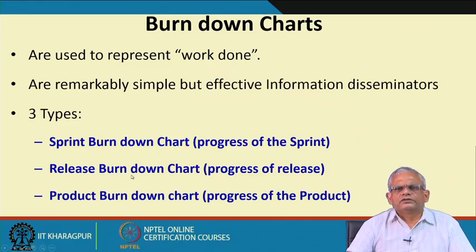The release burn down chart: a release may consist of multiple sprints, and how much of this work for the release has been achieved is represented in a release burn down chart. The product burn down chart shows the overall progress towards the completion of the project.